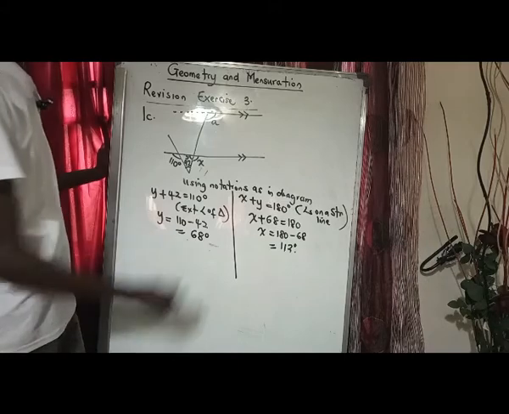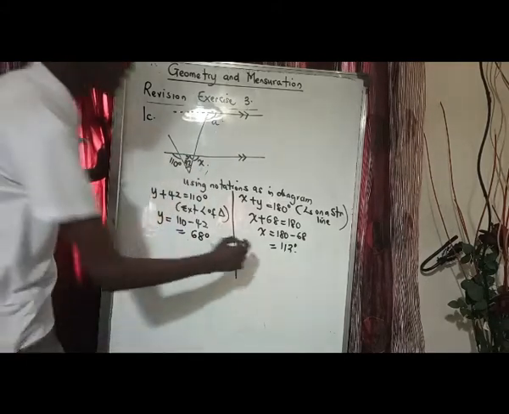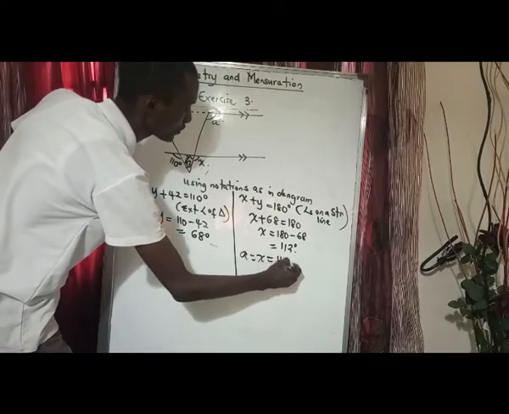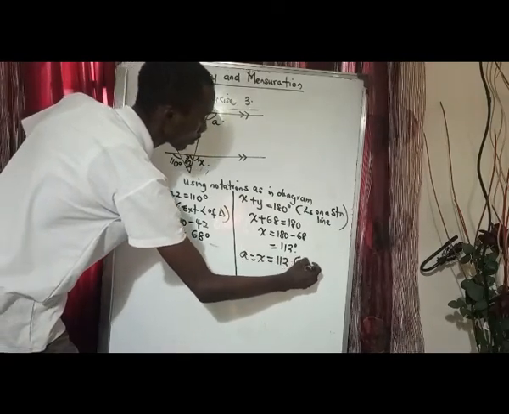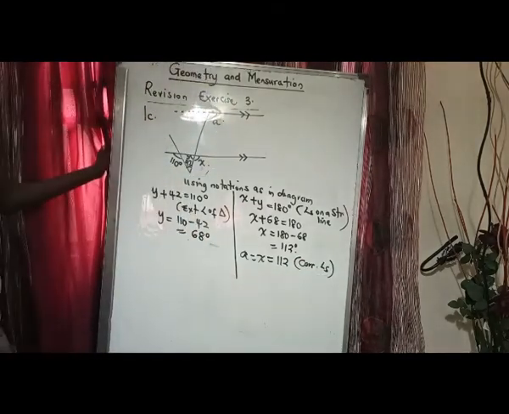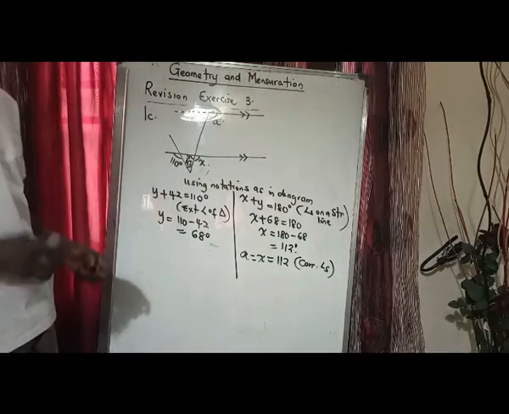So we can see that A corresponds to X. So A is equal to X, and that's equal to 112 degrees. The reason is corresponding angles. Remember that corresponding angles will only occur when you have parallel lines being cut by a transversal. So that's the solution to question 1C.